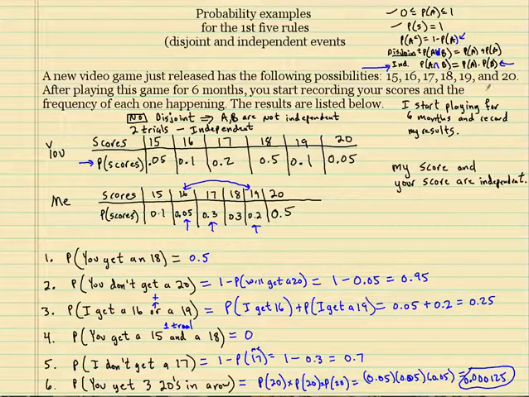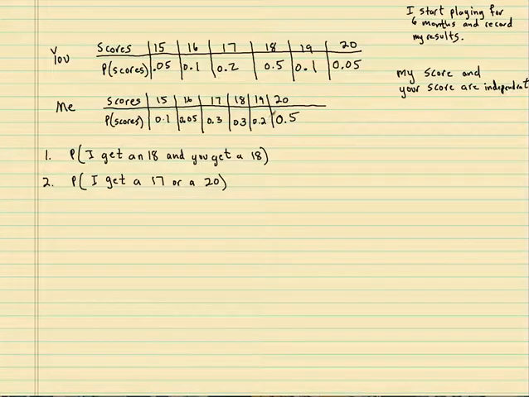Okay, let's go to the next page with some more. It's the same problem, just different questions. What's the probability I get an 18 and you get an 18? If I get an 18 and you get an 18 and our scores are independent, the independent rule says that you multiply them.